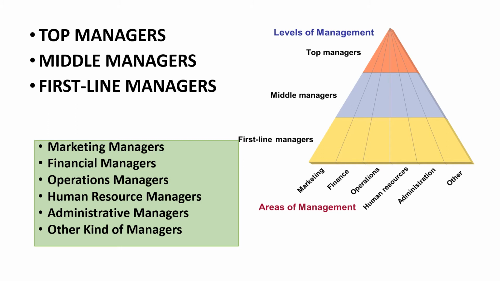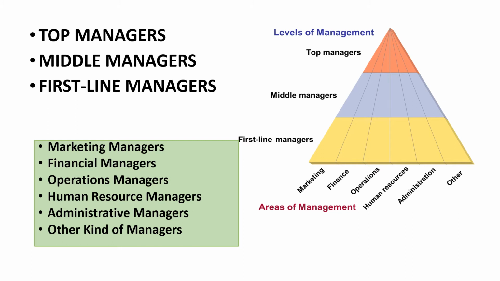So that's the first line manager, or we call it supervisor. Then from the supervisor, we have the middle managers, usually the heads of the different areas, and then we have the top managers, the chief managers. So those are the levels of management.